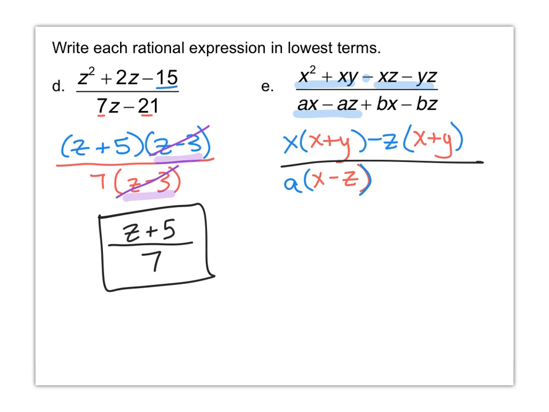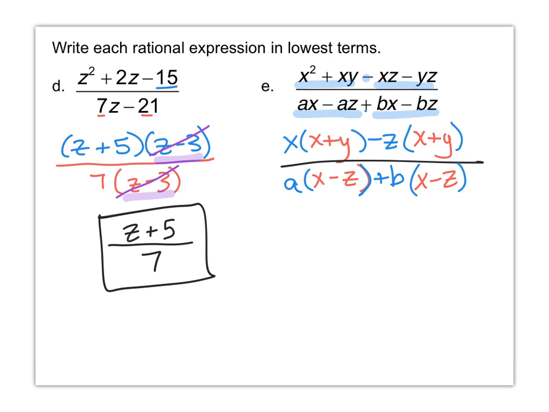The last 2 terms in the denominator have a common factor of b. So you can factor out a plus b, again, since the sign is a plus there. And the remaining factor, when factoring out the b, you get x minus z.